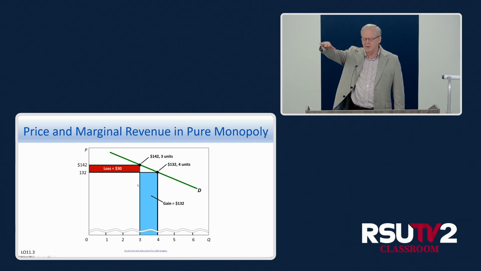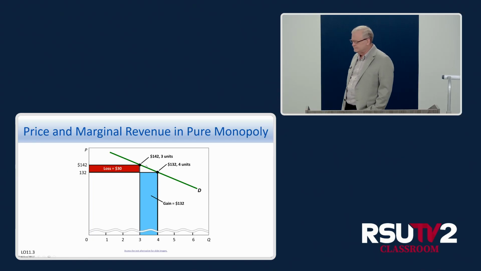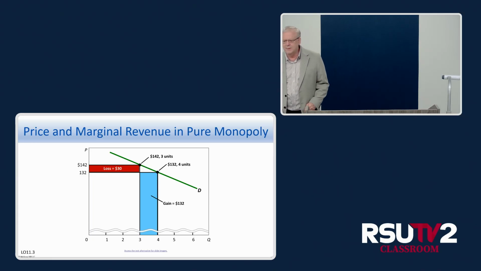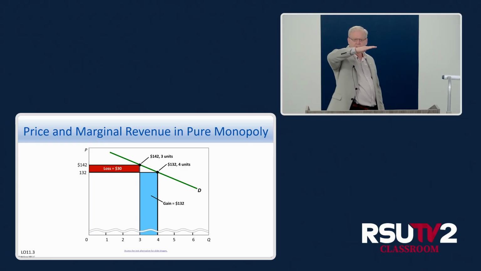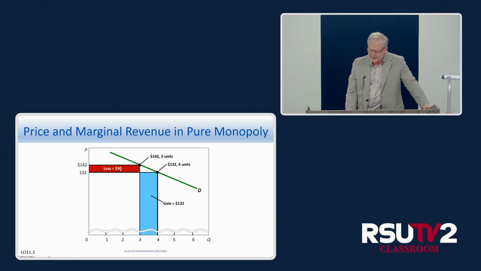You had a horizontal line, and if you wanted to find the marginal revenue, we're under the demand curve. Remember, if you want to compute the marginal revenue associated with a fourth unit, it was equal to the price. Y'all remember that discussion? You know what I'm talking about? Okay. Because the individual demand curve is horizontal, and so you don't have a red area like you have here.